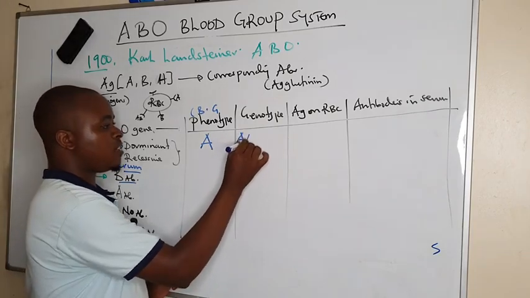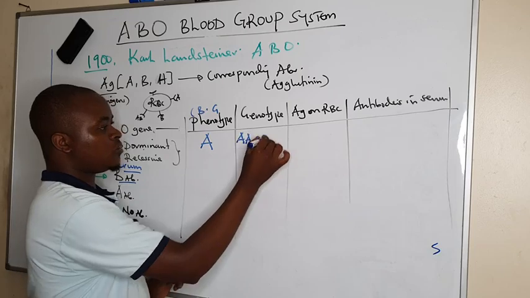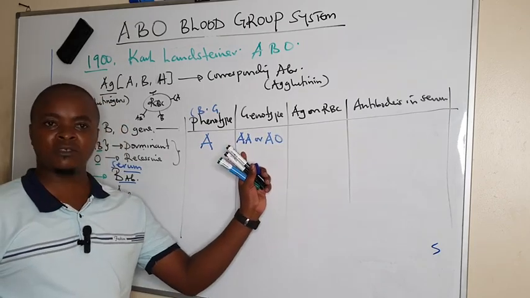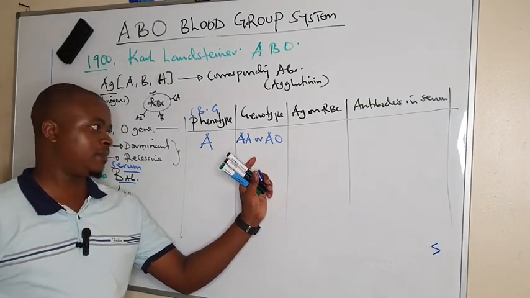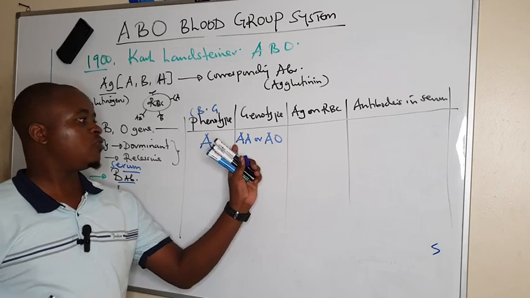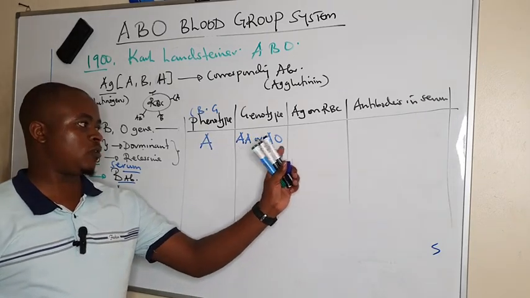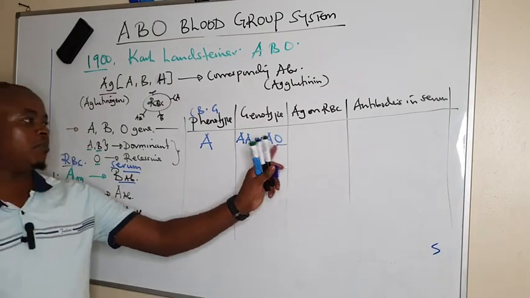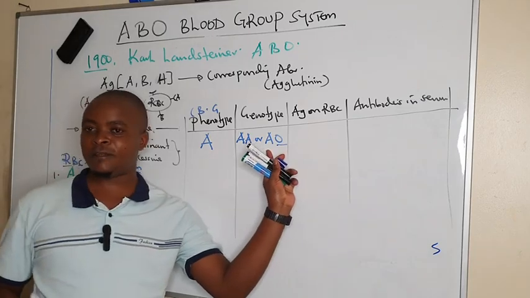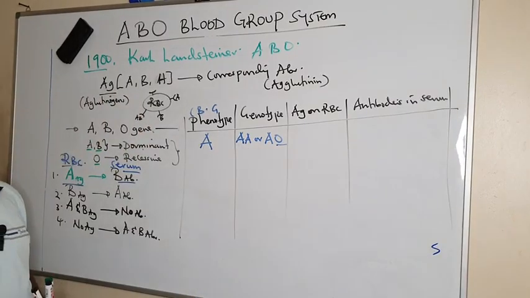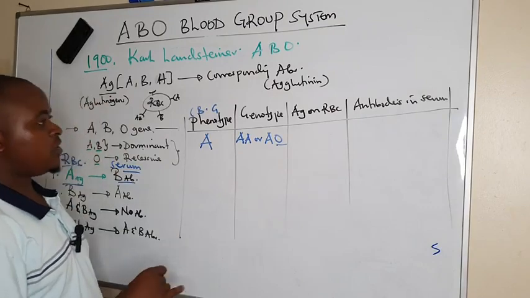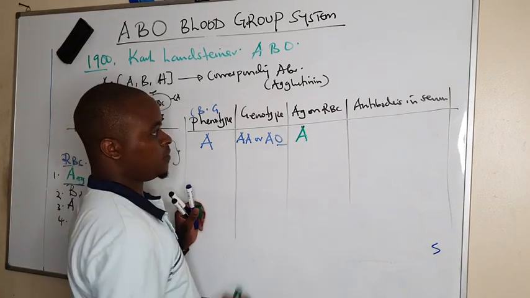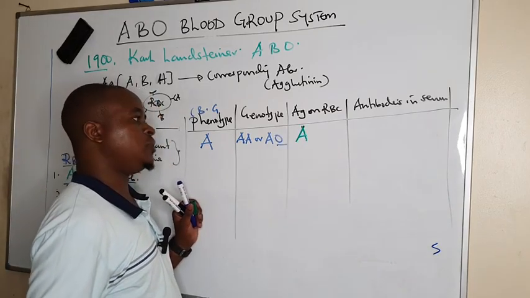So they have two alleles, whereby it can be dominant AA or dominant AO. And we said O is recessive, so the presence of O is masked by the presence of a dominant gene, that is A. And this individual, on their red cells, expresses what we call A antigen or agglutinogen.